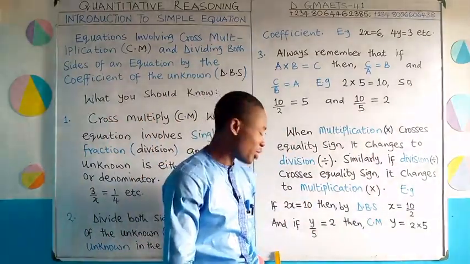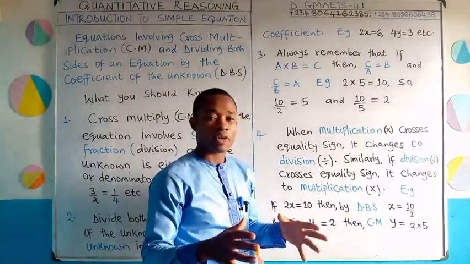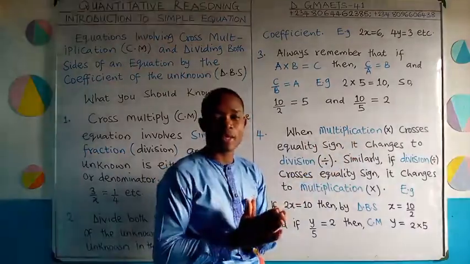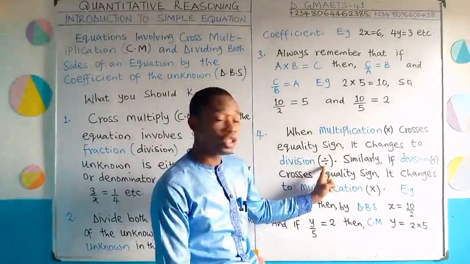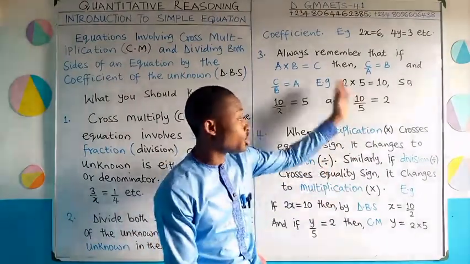The last important point also, but not the least. Alright, point number 4. Remember, when multiplication crosses the equality sign, it will change towards division. I showed you that here already.